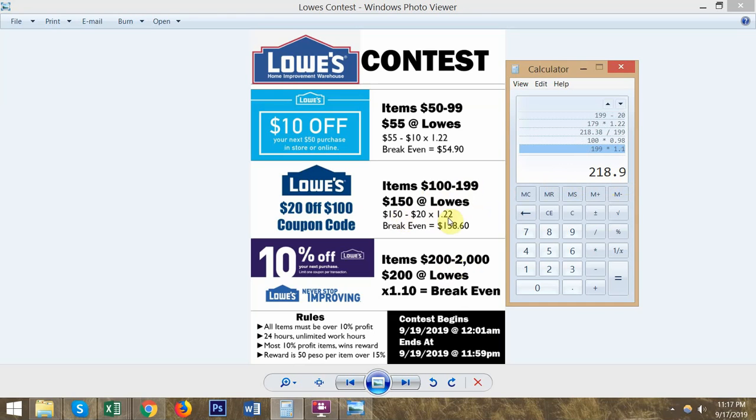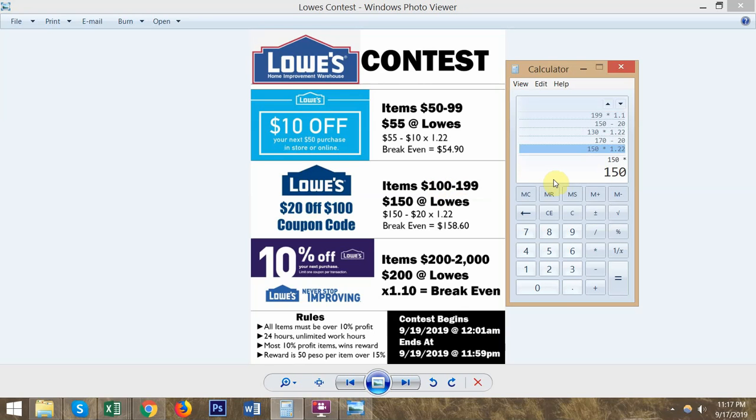Here is how to do the math to be 100% accurate all the time, so you get the highest accurate profit percentage possible. If it's $150 minus 20 times 1.22, you get 158.60. If it's $170 minus $20 times 1.22, that's what the coupon allows.